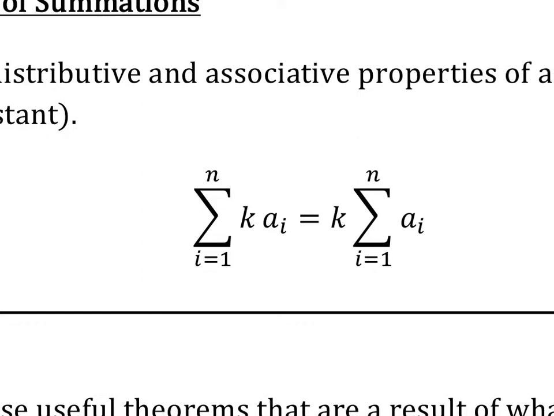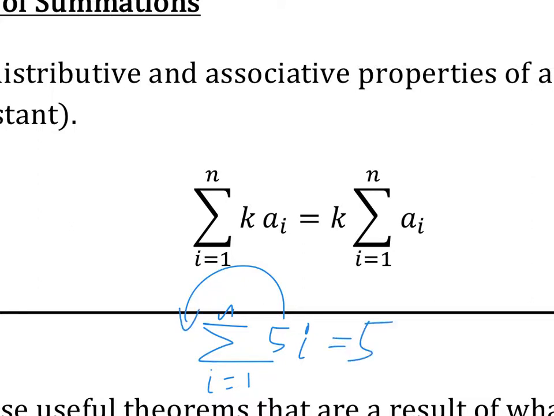If we have a summation and there's a constant, then we can just pull that out. In other words, if we have the sum of i equals 1 to n of, let's say, 5 times i, well, that 5 can just get pulled out. That's the same as 5 times the sum of i equals 1 to n of i.